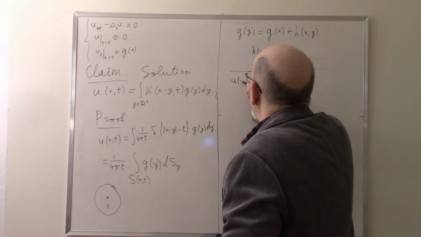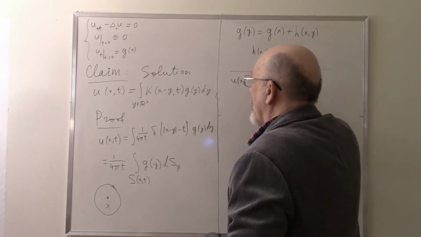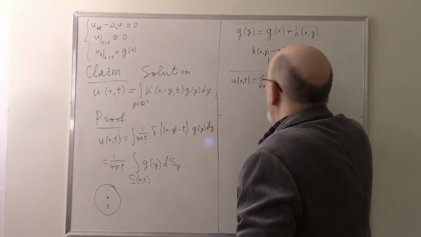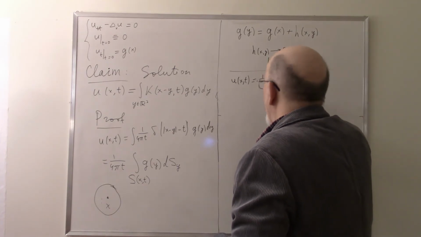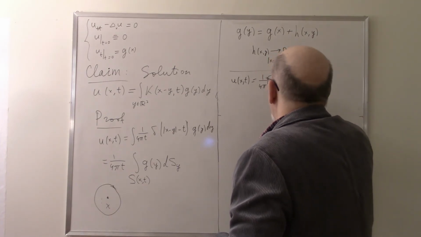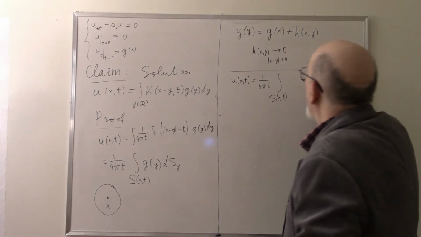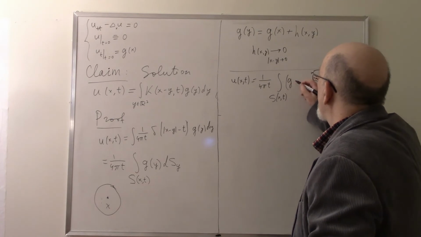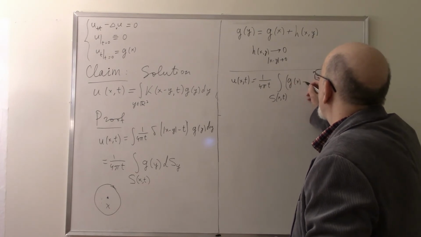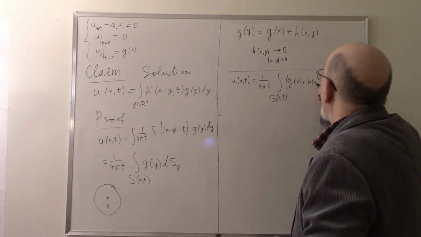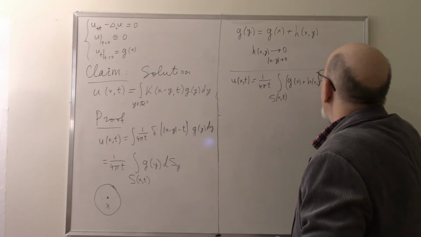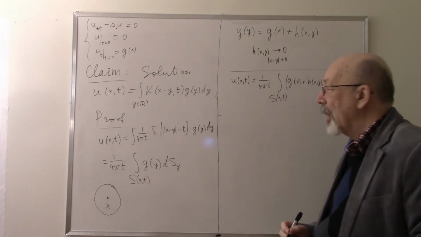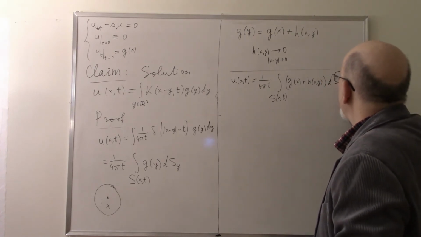So u of x, t equals 1 over 4 pi t, integral over the sphere S of x with radius t, of g of x plus h of x, y, dS_y.